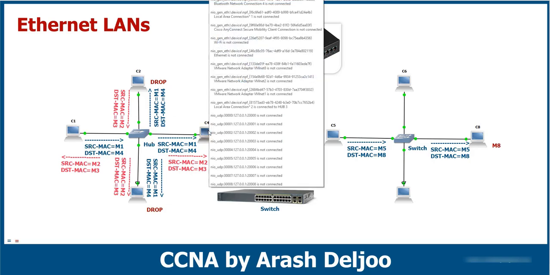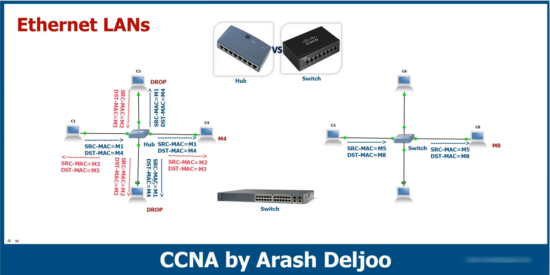When C4 receives the traffic and C2 and C3 are dropping the traffic, the next computer, computer 2, can send traffic. This means that we are using the bandwidth of all of the links for only one PC at a time. For example, when you are sending traffic from C2 to C4, you can't send traffic from C1 to C3. This is one of the disadvantages of the hub.